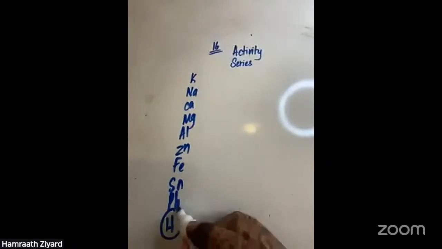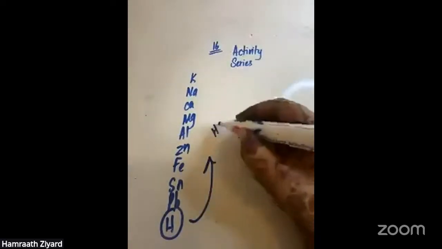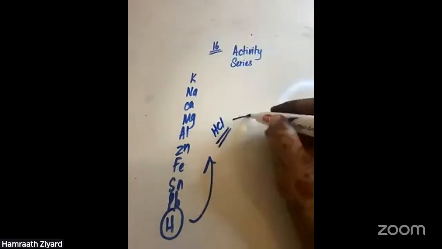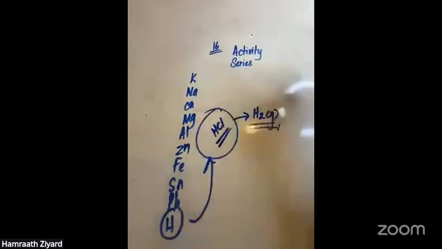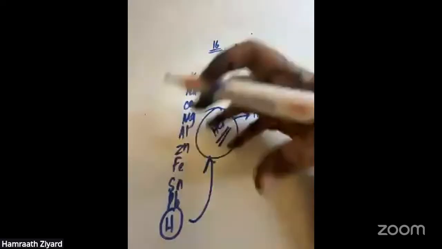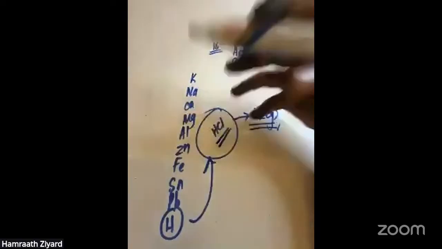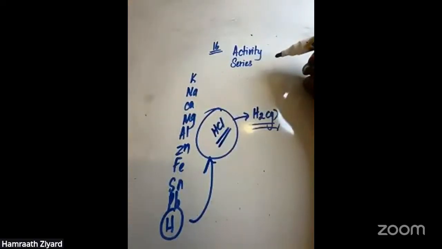Always remember, whatever elements are above hydrogen, if they react with hydrochloric acid, they will produce hydrogen gas. So what is this? A property of an acid. If any acid reacts with metals above hydrogen, they will produce hydrogen gas. That's what you have to remember.